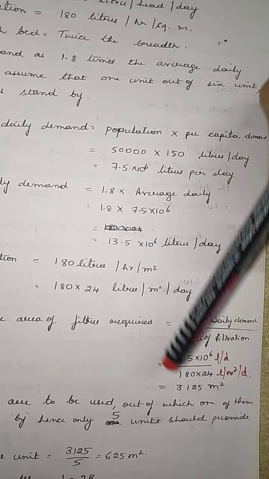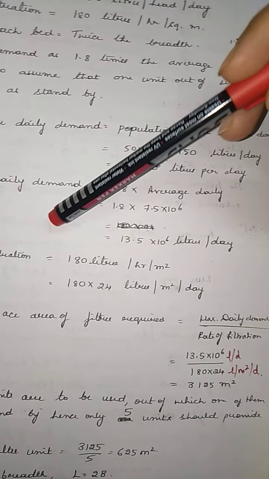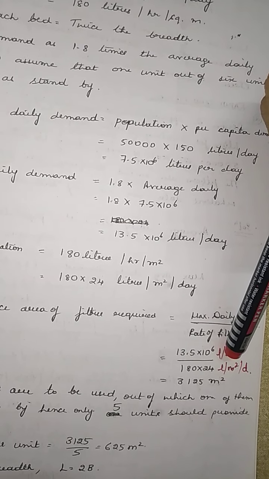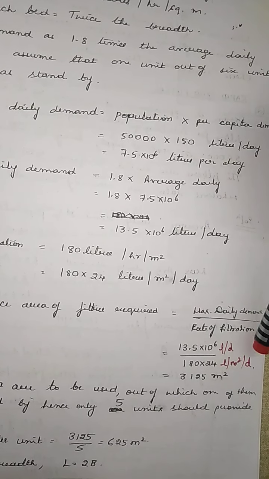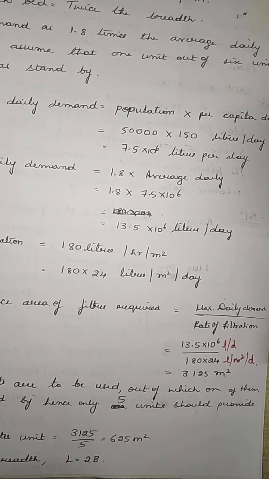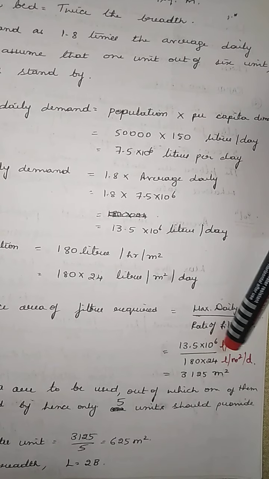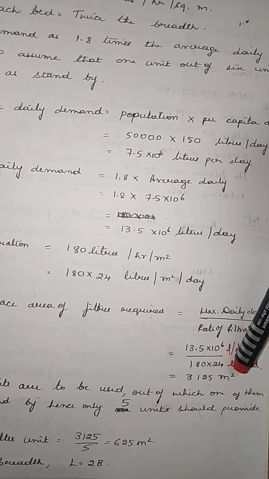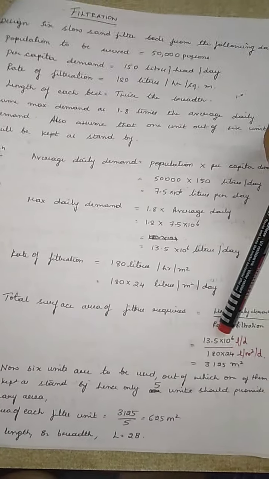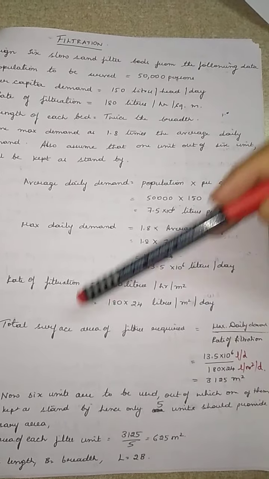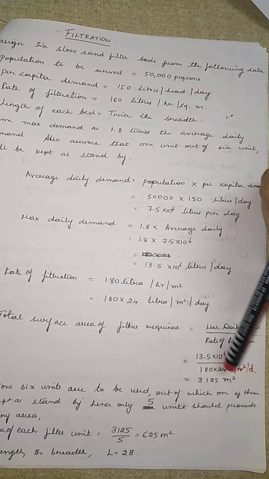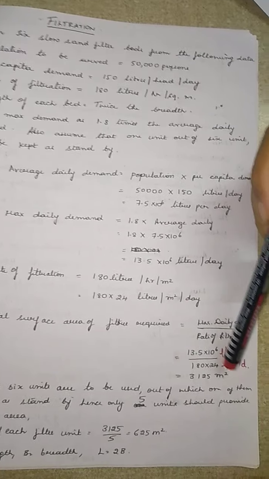Then the rate of filtration is 180 into 24, in terms of liters per square meter per day. Now liters per day cancels, and 1 by meter square remains. So meter square comes up, and you get the total surface area of the filter as 3125 square meters required.